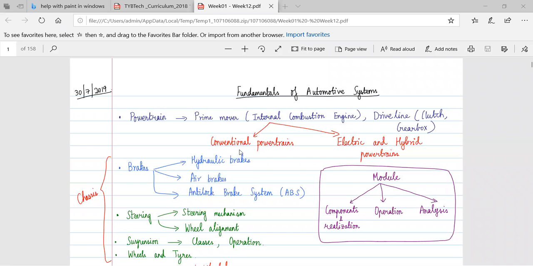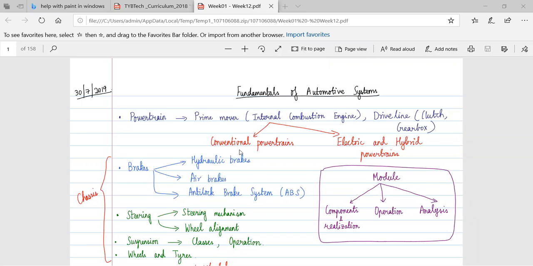Whatever we learn in this subject is based on the four-wheeler engine, and the best suitable example is the car, whether it's a luxurious car or a normal car. Now let's start with the car.